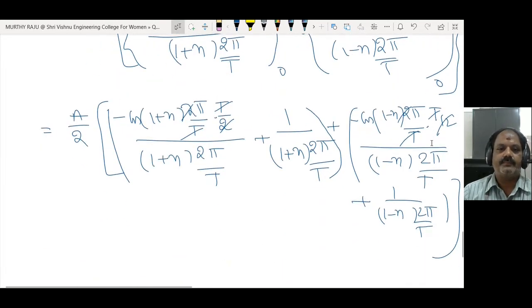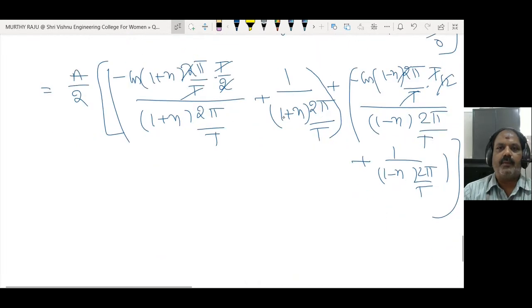Therefore here pi is brought out: cos(pi + n pi). Cos pi plus n pi is cos(180 + theta), which is minus cos theta, that is minus cos n pi, minus into minus plus.